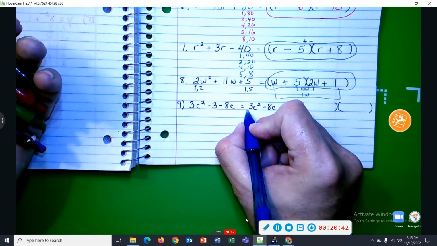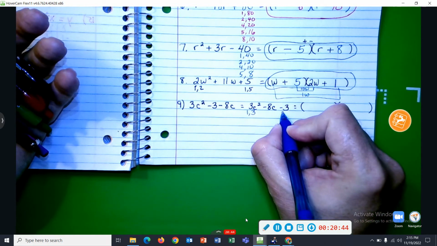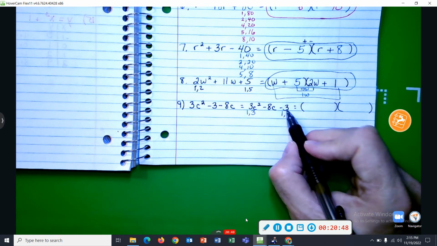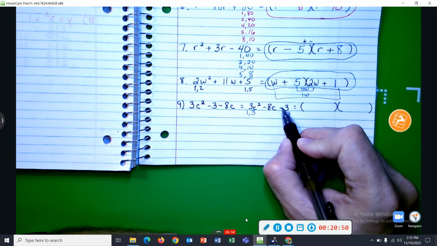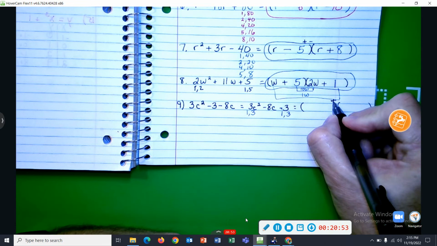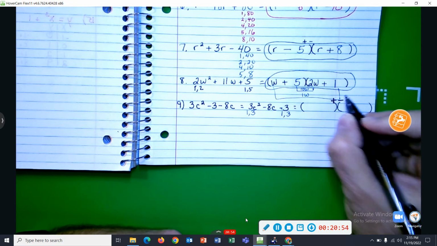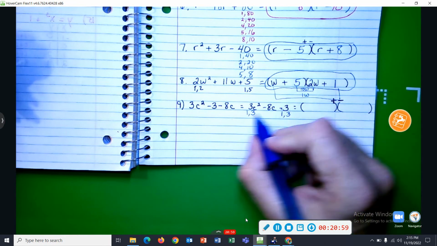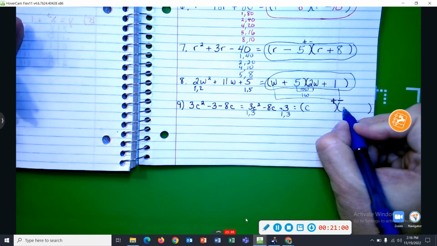Let's see, numbers that multiply together to give 3. Well, there's not that many. 1 times 3. The second sign is minus, so that means it's going to be a plus and a minus. I'll wait to fill that in. So I'll say c and 3c.